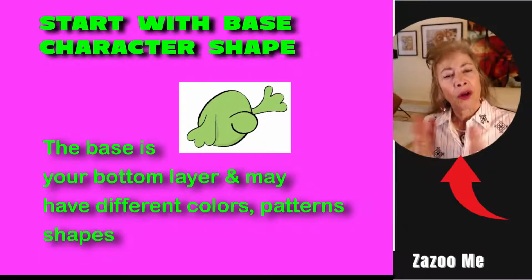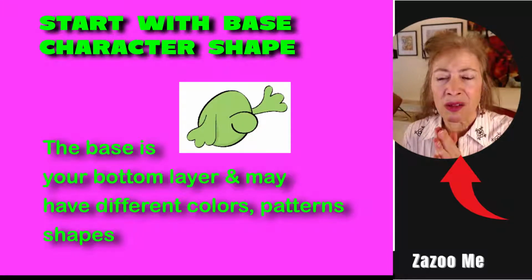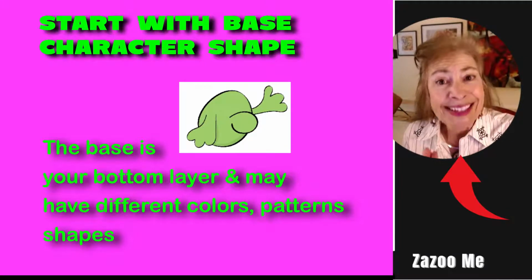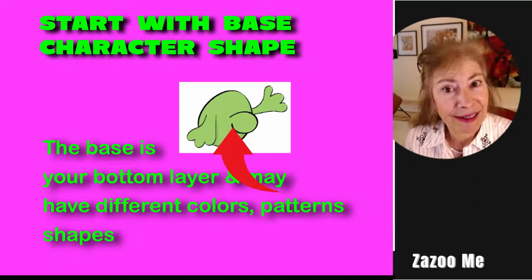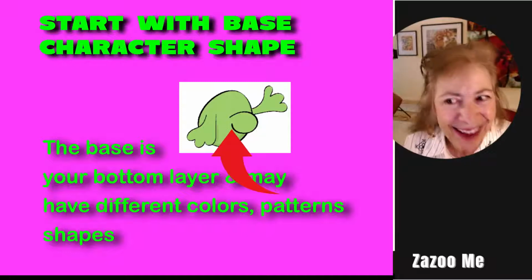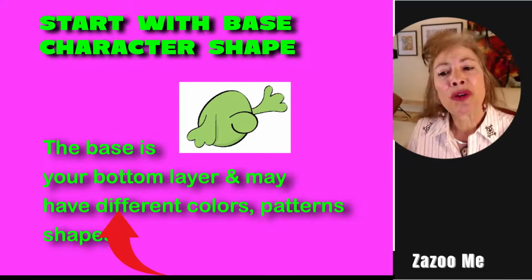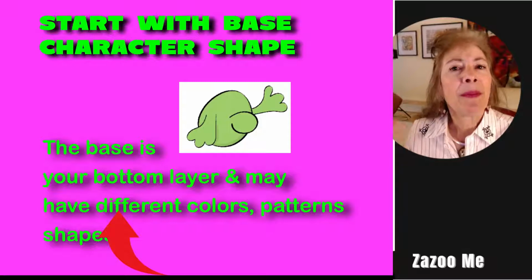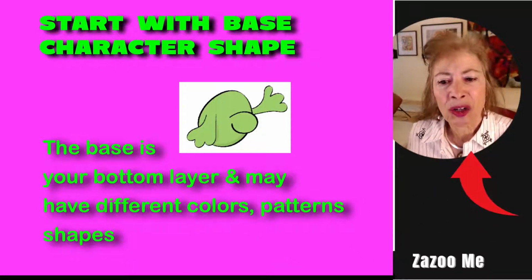Square, rectangular, whatever you choose must be consistent. Size must be consistent as well. So you start with your base character shape and perhaps it looks like this, which, what the heck is that, right? It looks like basically nothing. The base is your bottom layer. It may have different colors, different patterns, different shapes, but it is your bottom layer.